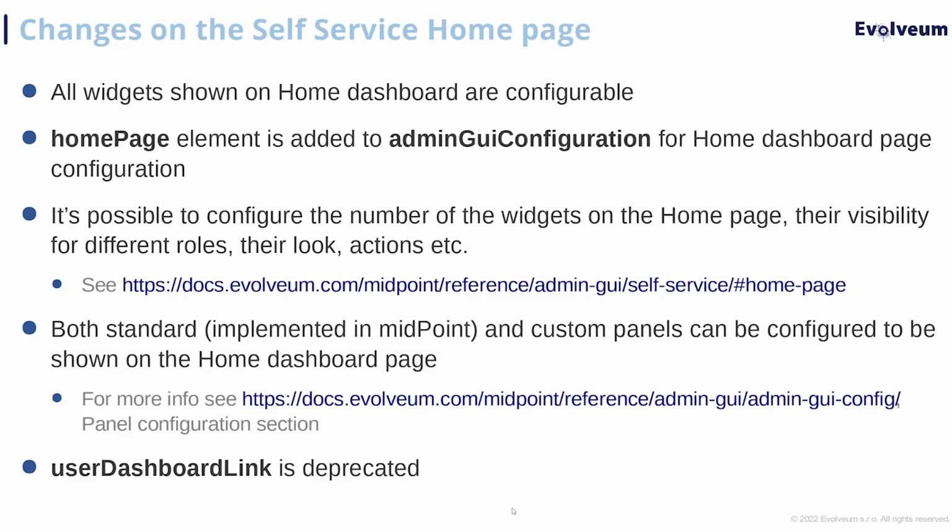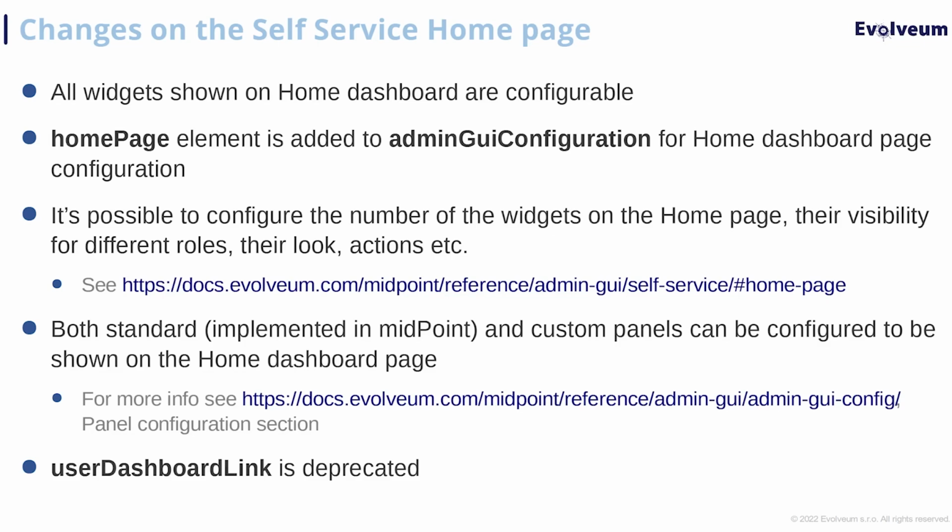And with that, we covered everything related to correlation, and we'll move to other user experience improvements in the self-service department. So let's start with the home page. On the home page now, all the widgets shown there are configurable.